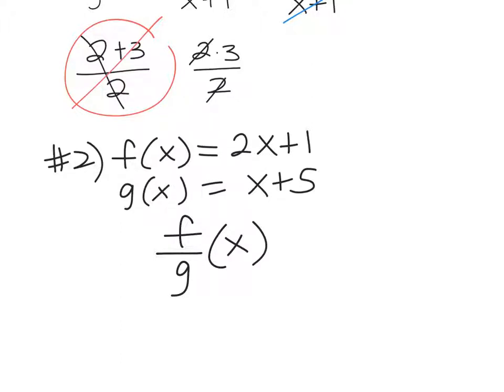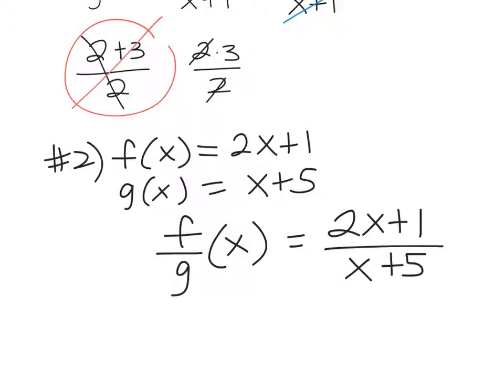F divided by g of x is to take f of x, which is 2x plus 1, and divide it by x plus 5. I can't do anything else to this problem. So sometimes these are the easiest problems where you just write one function over the other and you leave it alone. That's the answer.